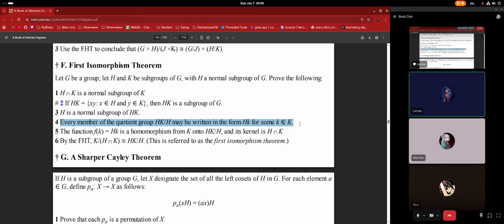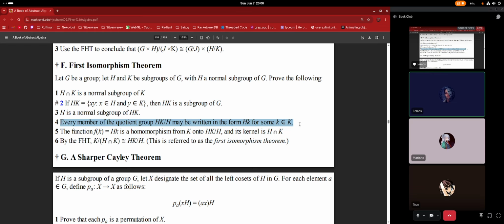Okay, so the function f(k) = Hk is a homomorphism from K onto HK by H, and its kernel is the intersection. Wow, wait a moment. Okay, so we have a function f that is defined as the right coset of H, and we are saying it is a homomorphism from K onto HK by H. Well, this follows from 4, right?